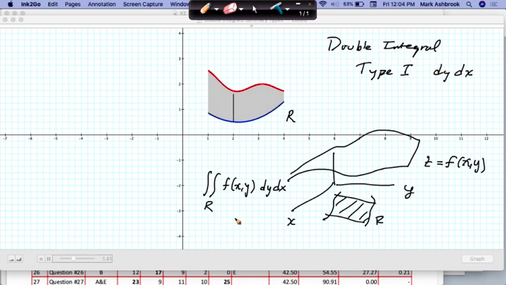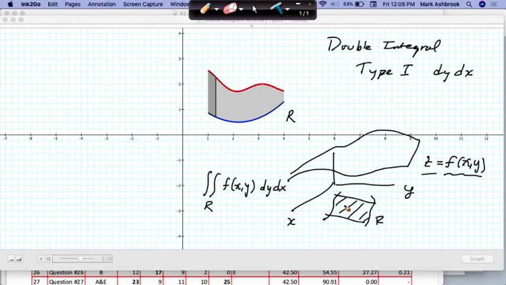Does it find volume, that double integral? If the function goes below and becomes negative, maybe it doesn't. If z is positive for all xy points over that region, then it will find volume, right?